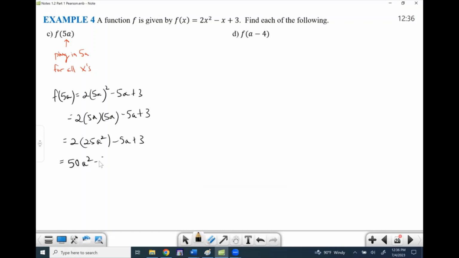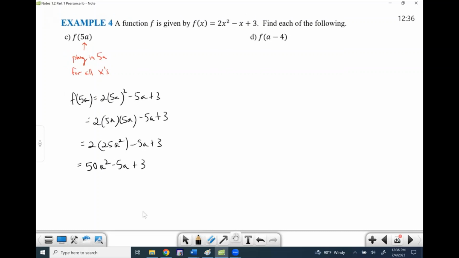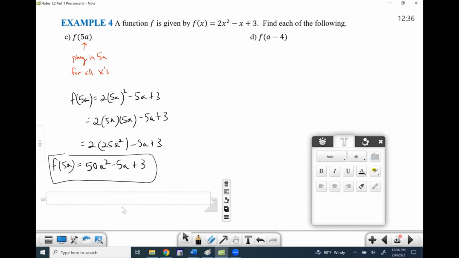So we got 50a squared minus 5a plus 3. Now stop here. I always get some students that go too far with it. They're like, well, let me factor it and let me solve it. You can't solve it if it doesn't equal 0. So I'm going to put a little note here. Be careful. Don't try to solve this. In general, you can't solve if it doesn't equal 0.